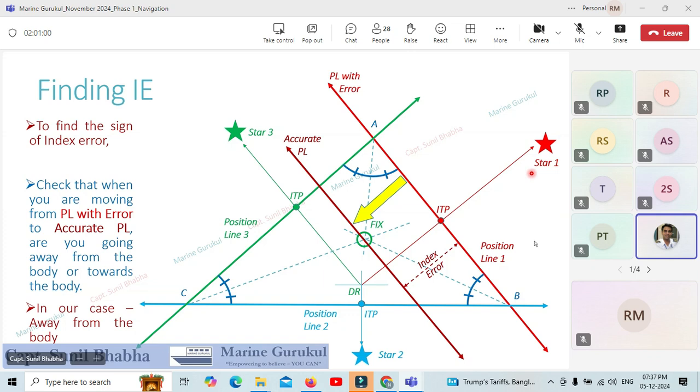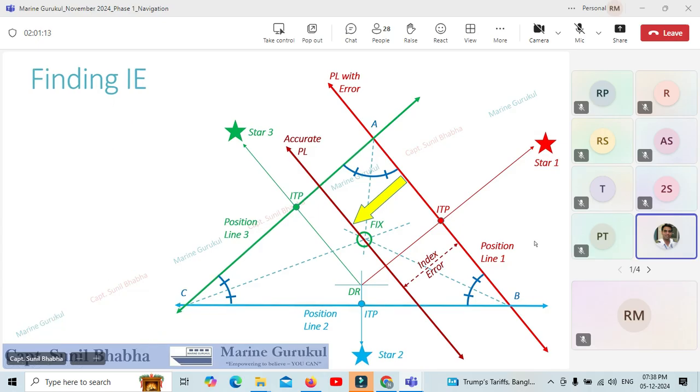So this is the factor which decides whether the index error will be on the arc or off the arc. We have seen from our plot that when we move from the PL with error to the accurate PL, we have to move away from the celestial body, in our case star 1.